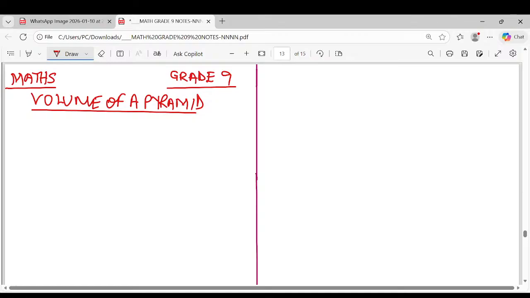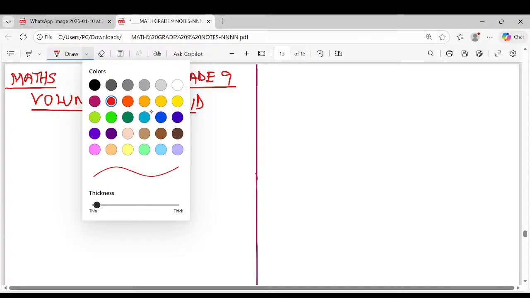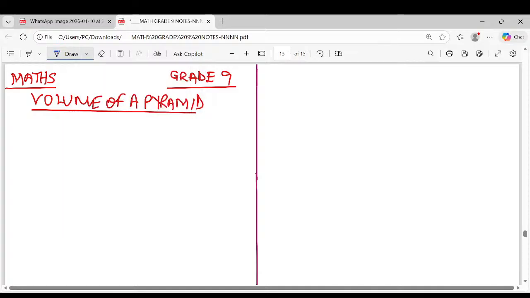So let's start by looking at the volume of a pyramid. One thing you need to know as a learner when you are calculating the volume of a pyramid is the formula. What is the formula for calculating the volume of a pyramid?